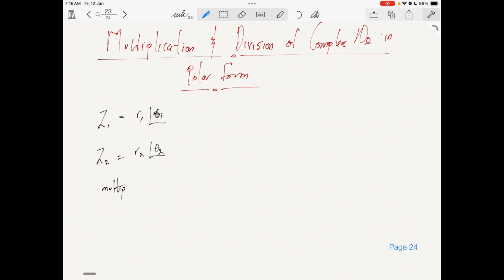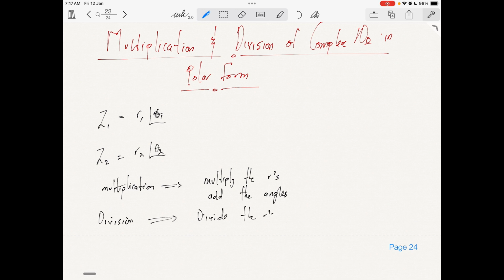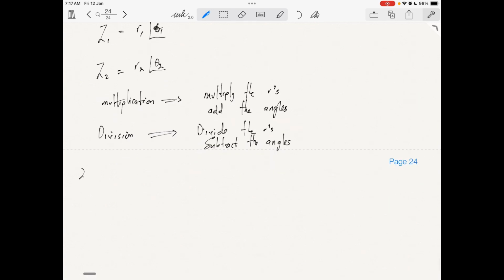In multiplication, we multiply the modulus and add the angles, while in division, we divide the modulus and subtract the angles.